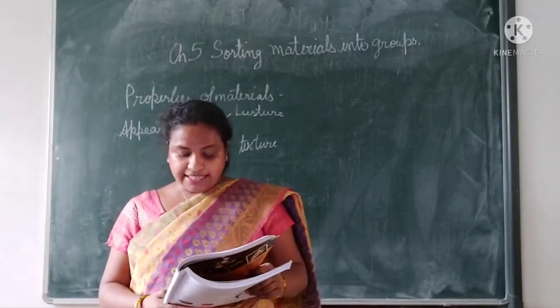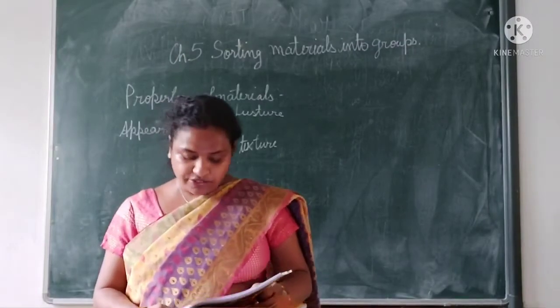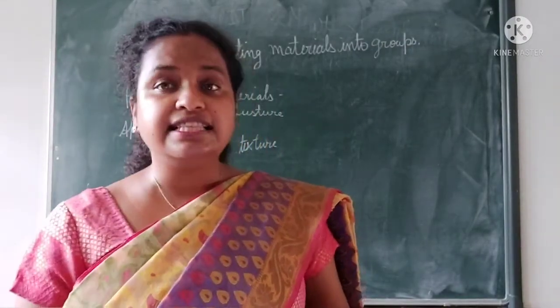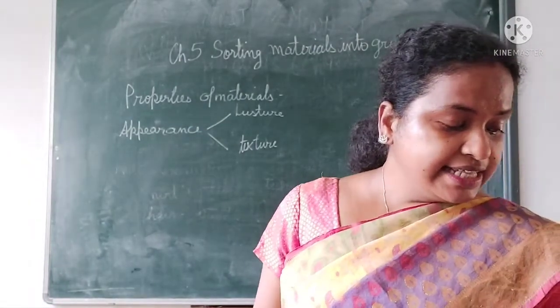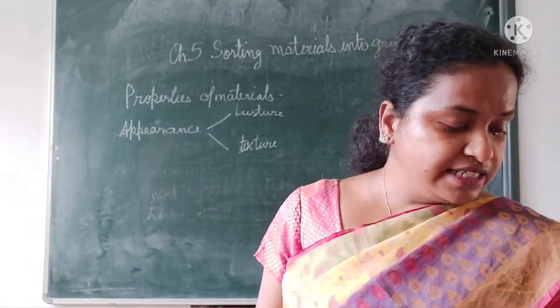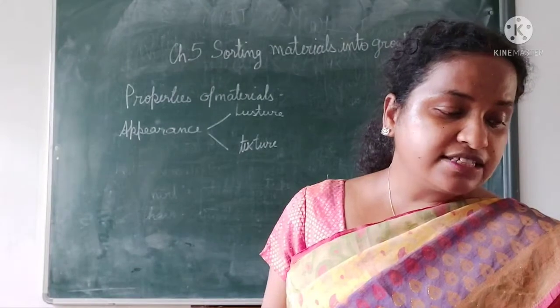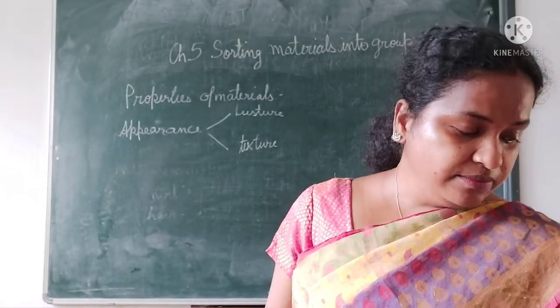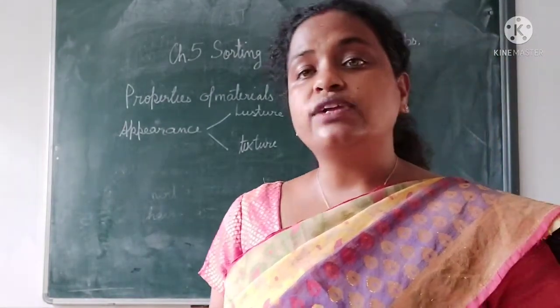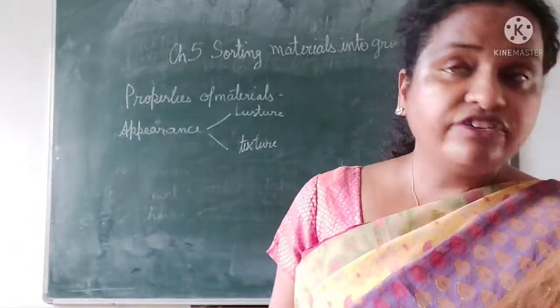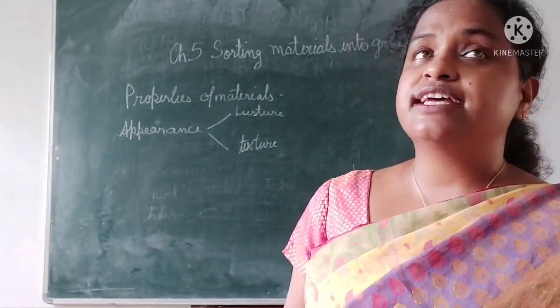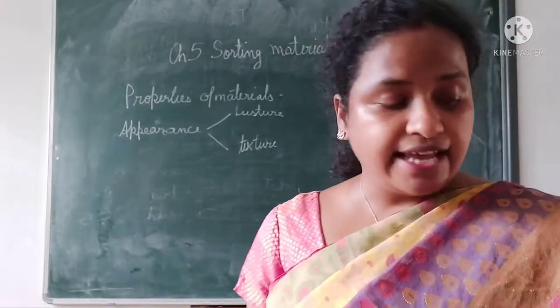Metals like silver, gold, copper, aluminium are called lustrous materials, and materials like plastic, wood, paper, cotton, sponge are said to be non-lustrous. Two types of luster are there: lustrous, which are shiny, and those which are dull are non-lustrous.